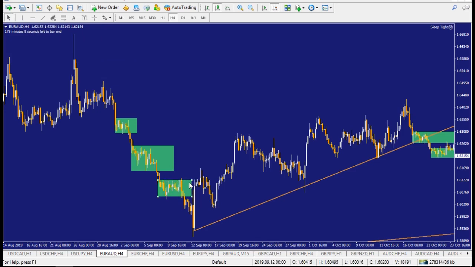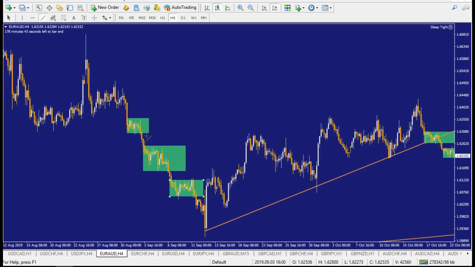I want to explain why zones might not look even sometimes. Because if we break from here, we need to come back to test this zone. So we will push here, and then we will come back down to the zone. Then if this happened, the zone will look like this. We actually are in a box, but it will look like this, like an A formation.